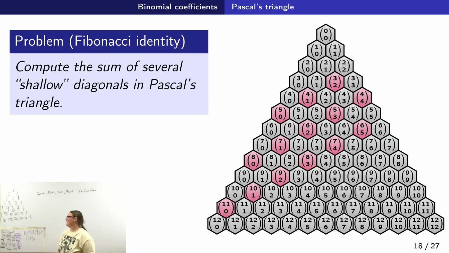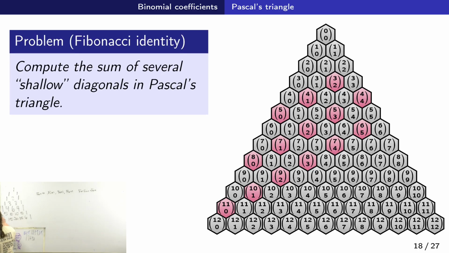That was hard to say. Okay, a shallow diagonal for us is like shallow diagonals. So for example, I need this row. Okay, my shallow diagonal.